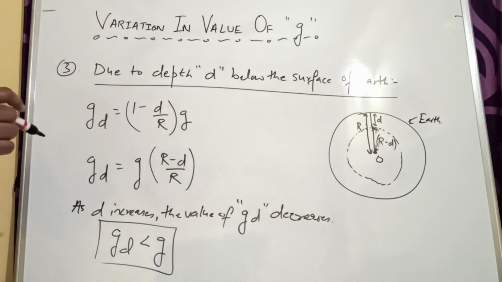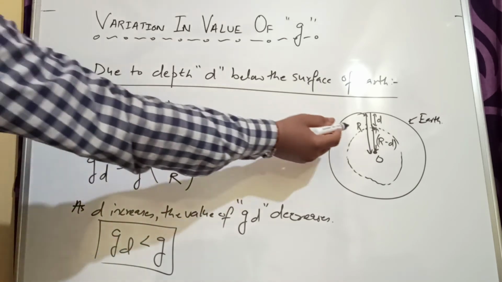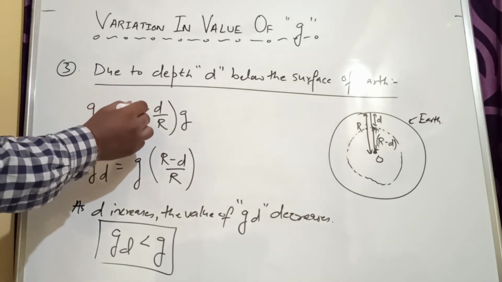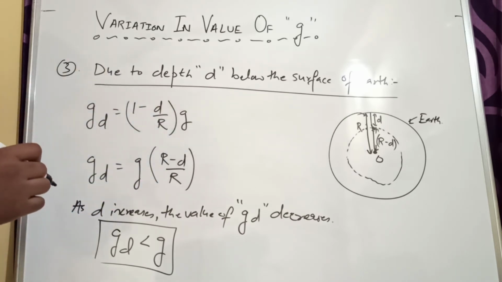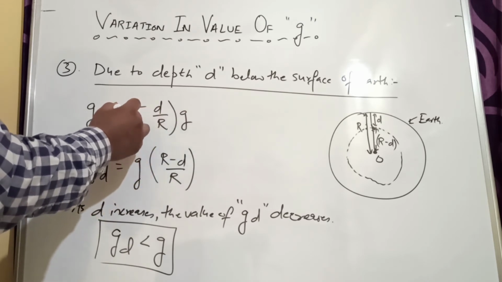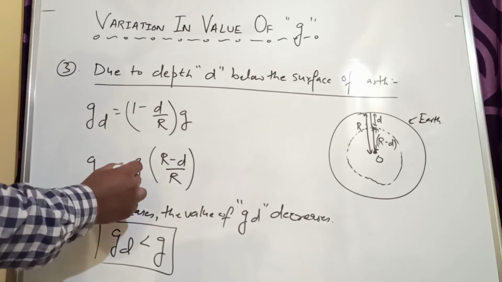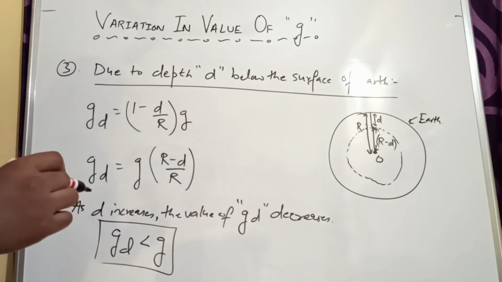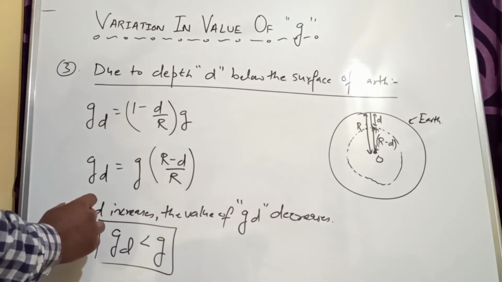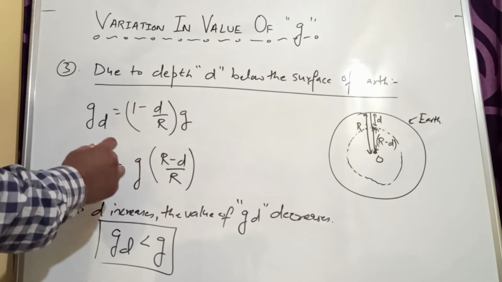Now see, we have to calculate the value of g at this point by using this formula: g_d is equal to (1 minus d by R) into g. When we rearrange it, we get g_d equal to g into (R minus d) by R. Now see, if the value of d is increasing here, it means the value of g_d will decrease.